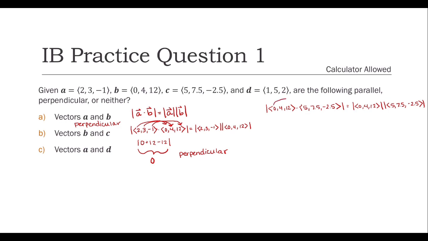So our dot product will be 0, plus 4 times 7.5 is 30, so plus 30. And then 12 times -2.5 is -30. And once again, we can see that this is 0, so we can automatically jump to the conclusion that they're going to be perpendicular.